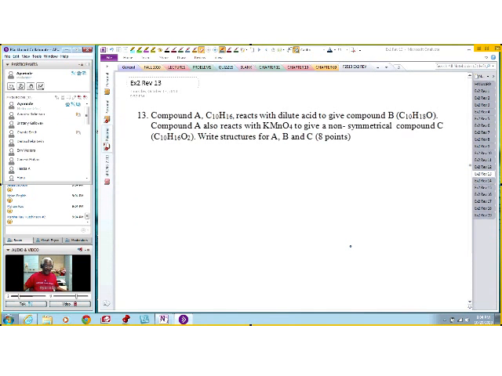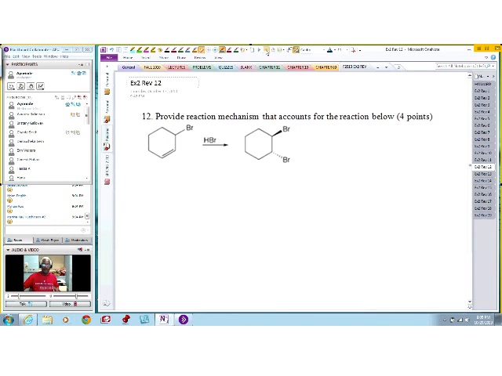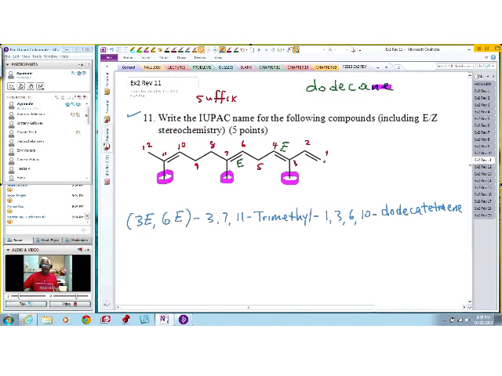Okay. Somebody was asking, how come we did not do the stereochemistry for the last one? How come we did not do the stereochemistry for 1 and 10?